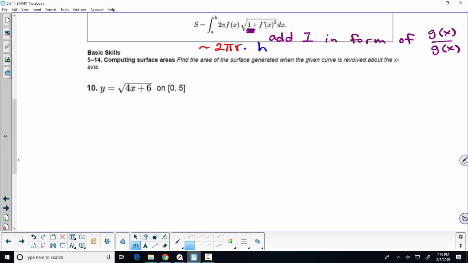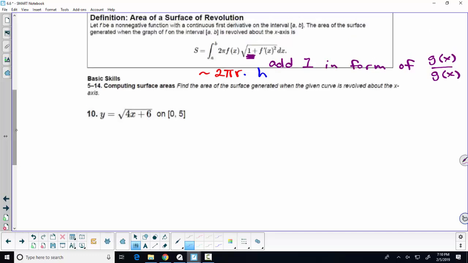Hopefully we can simplify the radical. But this portion right here, when we multiply the radical by f of x, for examples where f of x is already a radical, that's super convenient because this radical is this f of x right here. And when we multiply this radical by another radical, things cancel.